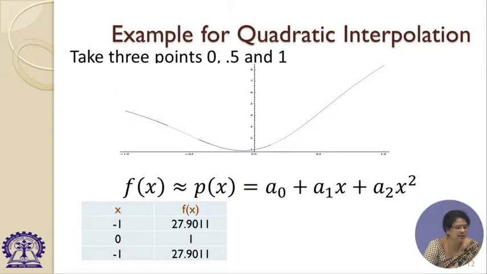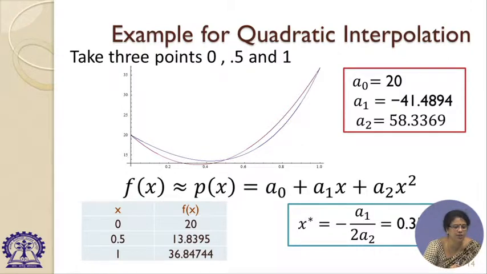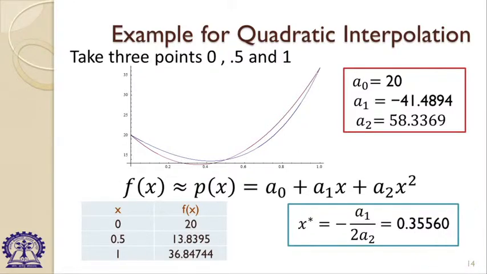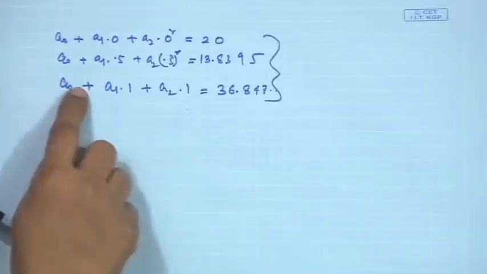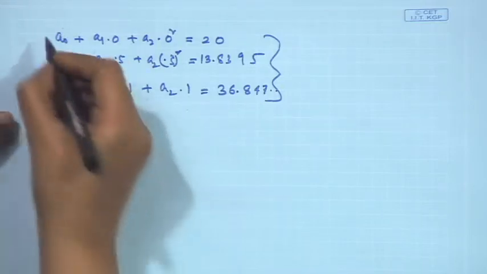This is the function, as I showed you previously. And we found the value for a0 is 20, a1 is minus 41.4894, and a2 is 58 point something. We got this after solving these 3 equations, because there are 3 unknowns and 3 equations.